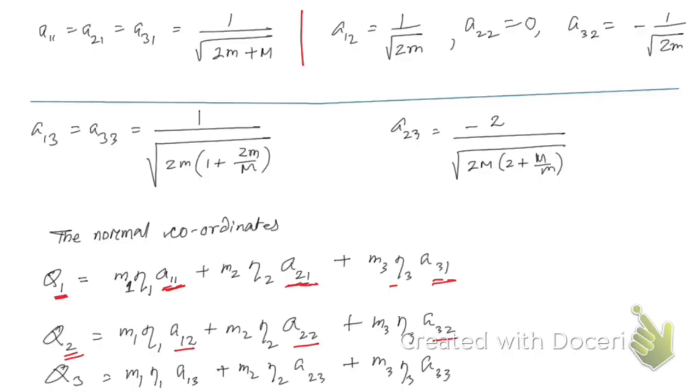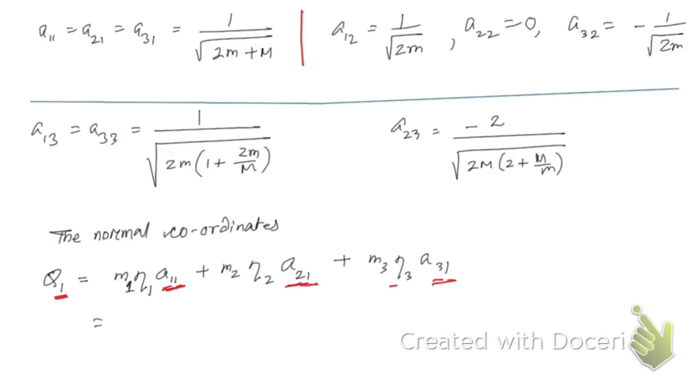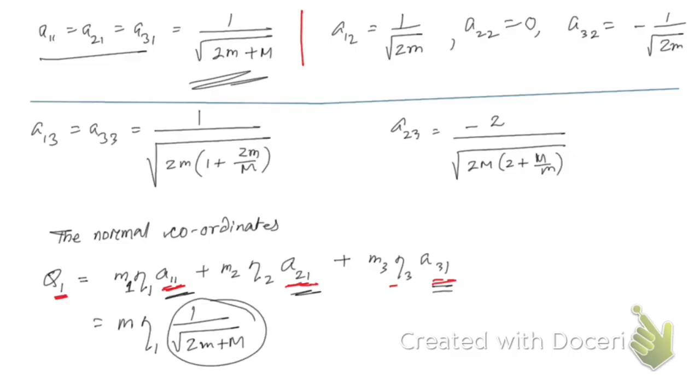So now you see, first let me take the first equation only. Let me clean the remaining two. Here m1 we have taken as small m, eta 1, a11 is this. You can take this 1 by root over 2m plus capital M. a11, a21, a31, all these three are equal, so we can take this term common.